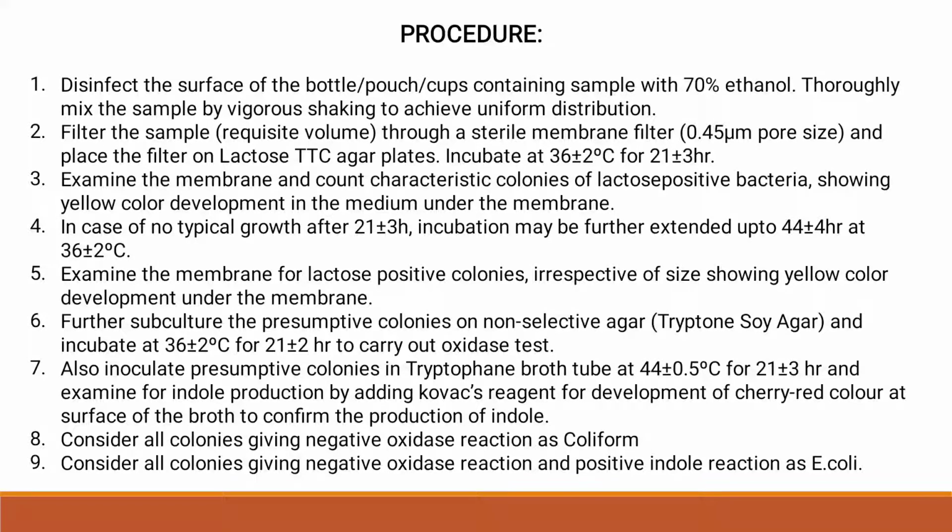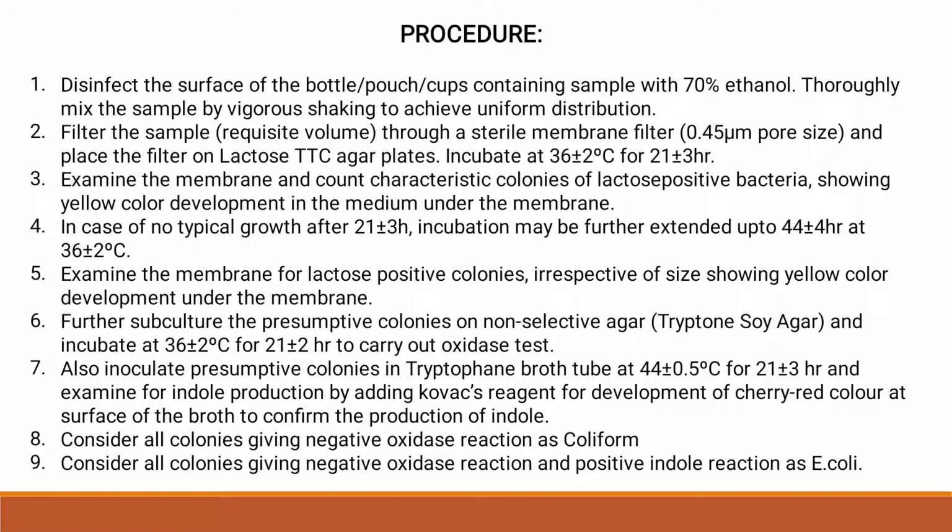Also inoculate the presumptive colonies in the tryptophan broth tube at 44 degrees centigrade for 21 hours. Again we have to examine for indole production by adding Kovac reagent; the development of cherry red color at the surface of the broth confirms the production of indole.